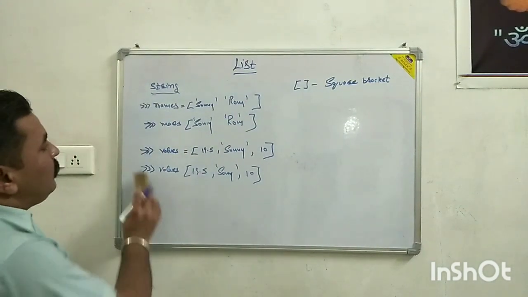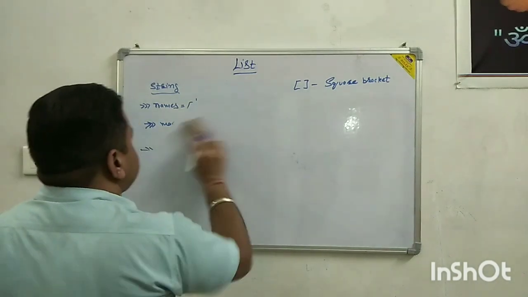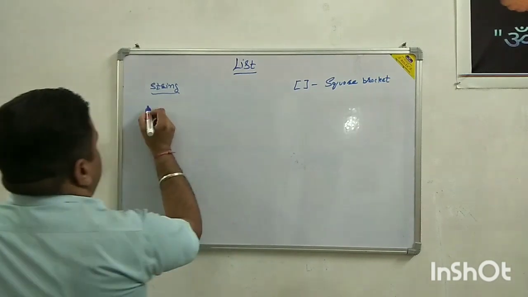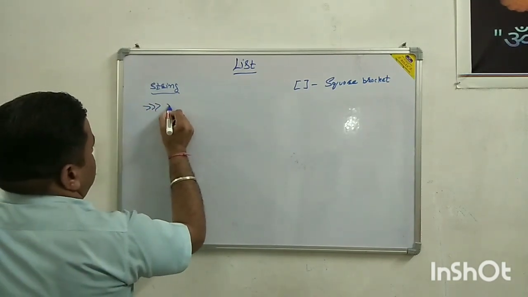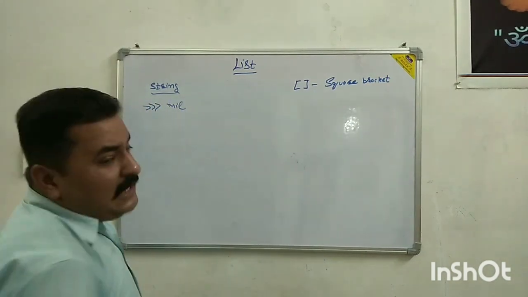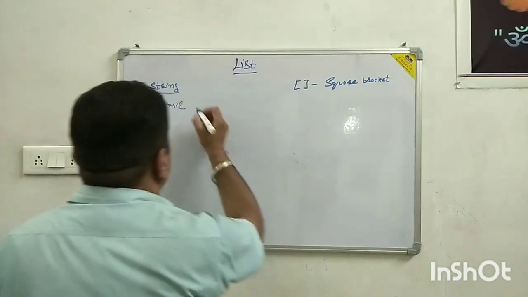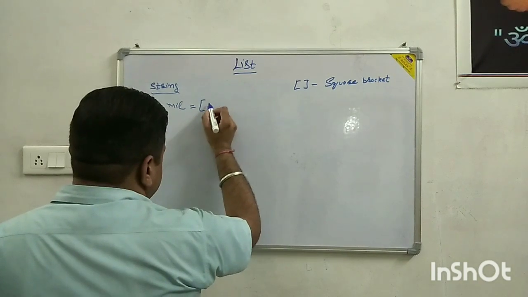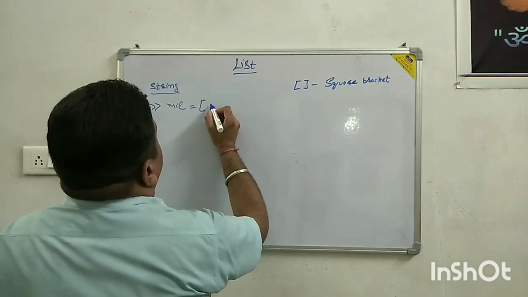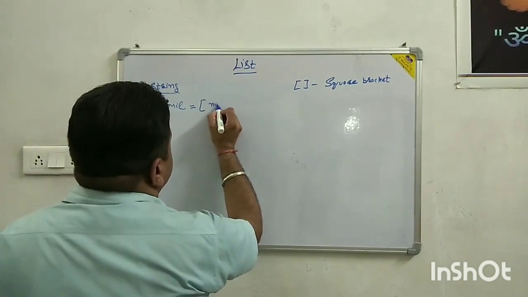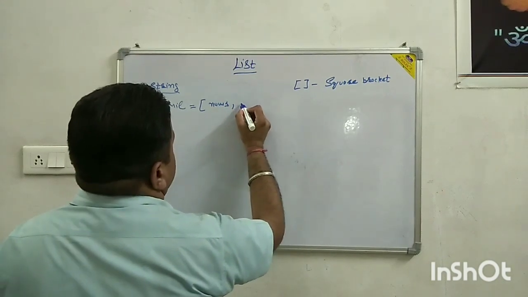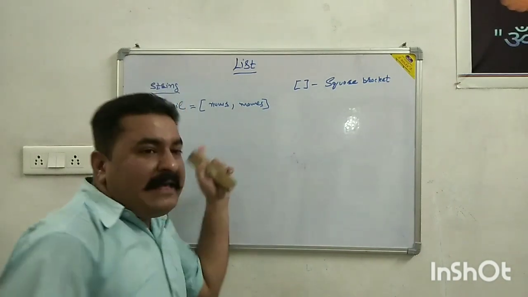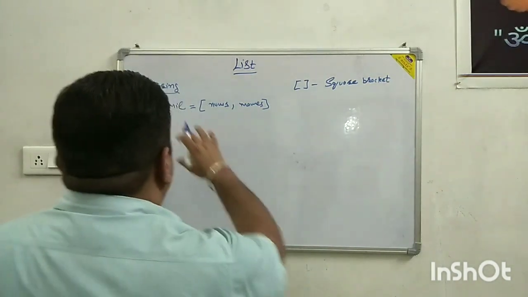Now we come to this: if we write here mil, meaning multiple values, if we write mil is equal to nums and names, can you imagine what the result will be after writing this?